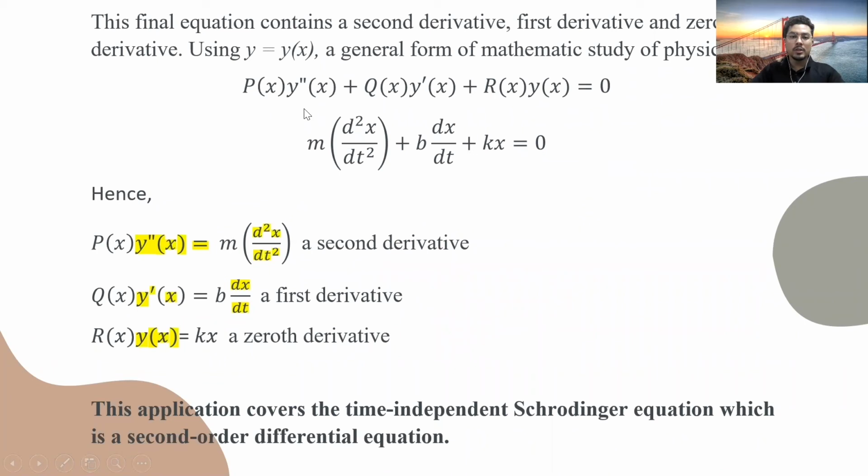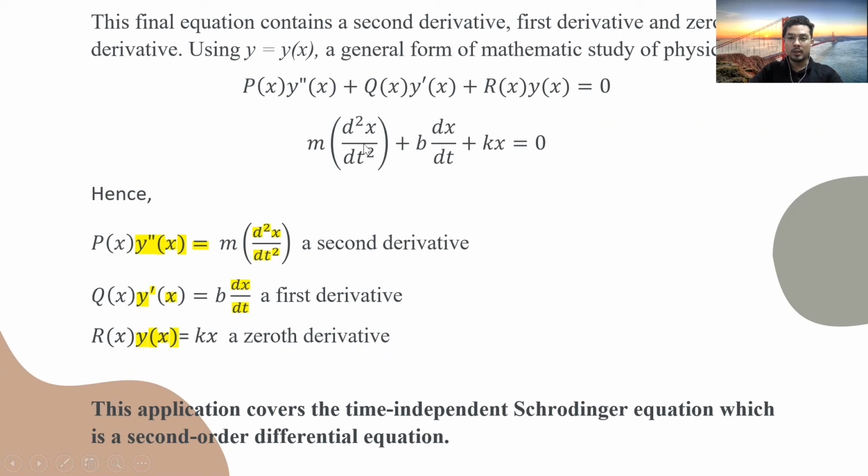The final equation contains the second derivative, first derivative, and zeroth derivative, using y equals y of x, a general form in the mathematical study of physics: p(x) times the second derivative of y plus q(x) times the first derivative of y plus r(x) times the zeroth derivative equals 0.